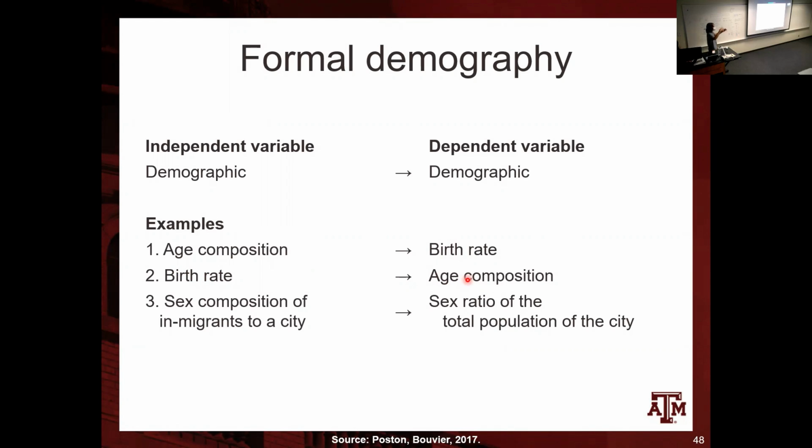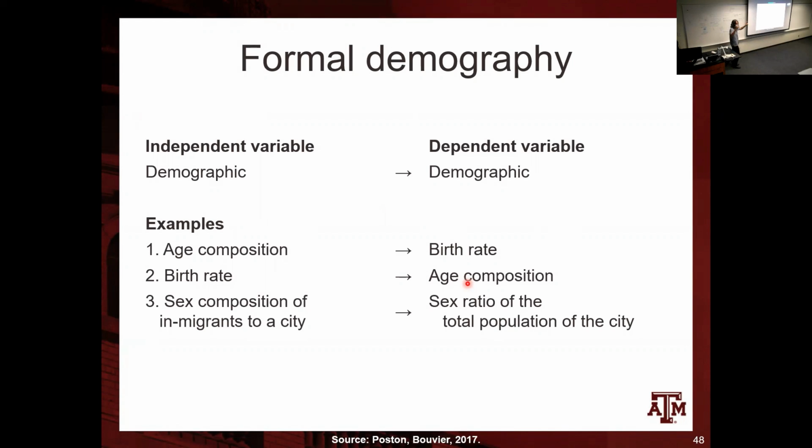I have reverse causality. Economists use the term endogeneity. I have an issue of endogeneity. It's hard for me to know what is causing what. Is it age composition that affects birth rate, or is it birth rate that affects age composition?